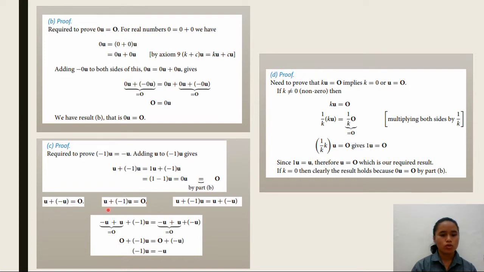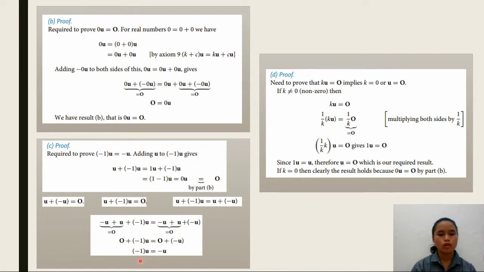So u plus (minus 1 times u) equals 0. So we get u plus minus 1 times u equals u plus minus u.